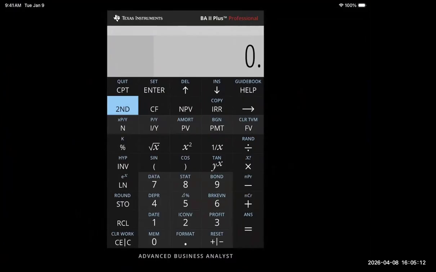All right, so I'm going to punch in here 1 million minus 200,000, which you know is 800,000, but anyway, is 800,000. And then I'm going to put that in the payment button. And I'm going to go from left to right with 4 years at 13.5.